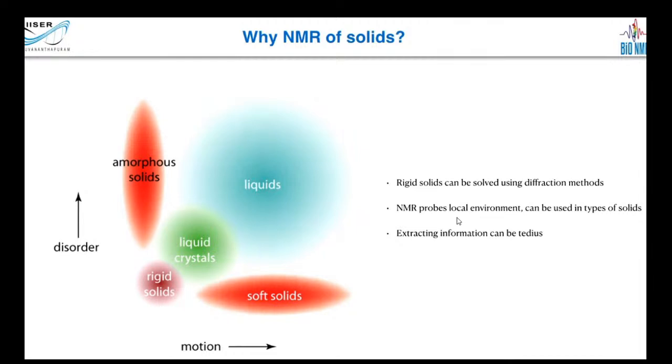The only difference is that extracting the information can be quite tedious. The measuring is also not as straightforward as solution NMR. The electronics are almost the same, but there is spinning required and things like that.